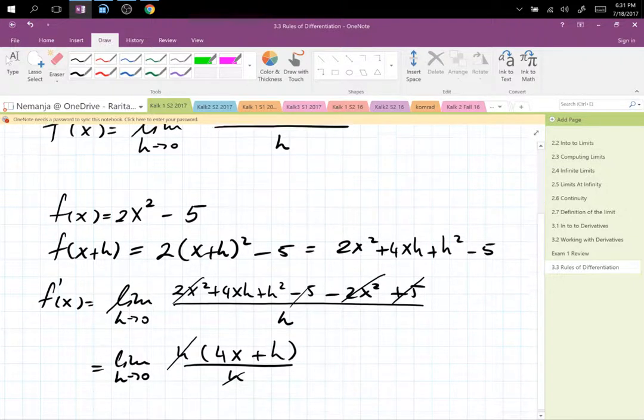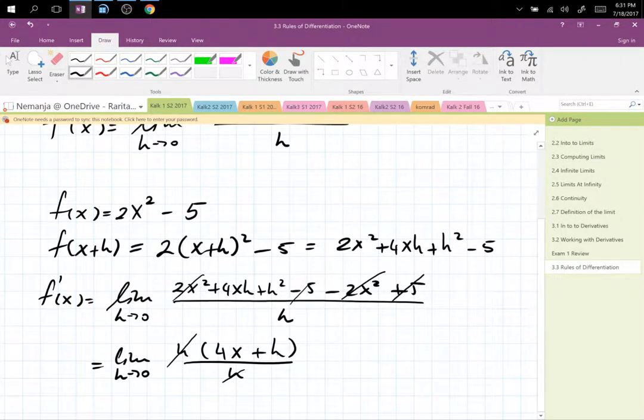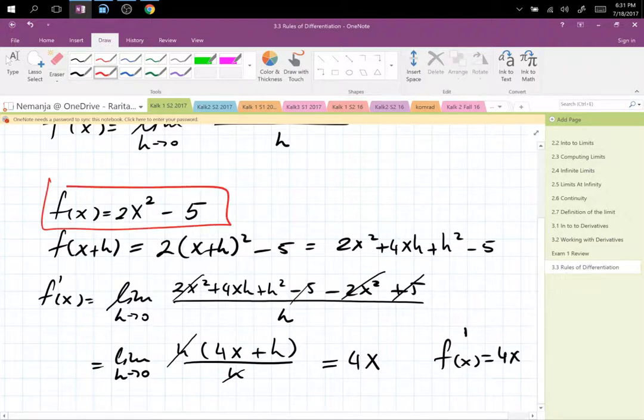These cancel, and when h is 0, you just get 4x as the answer. So the derivative is just 4x.